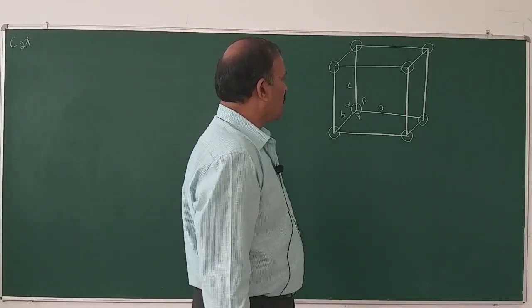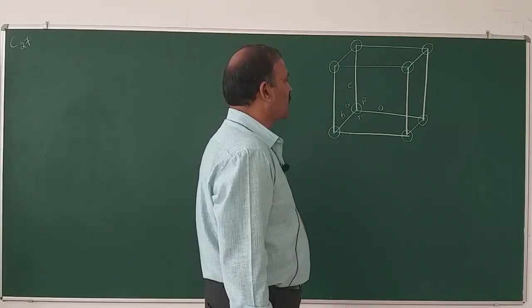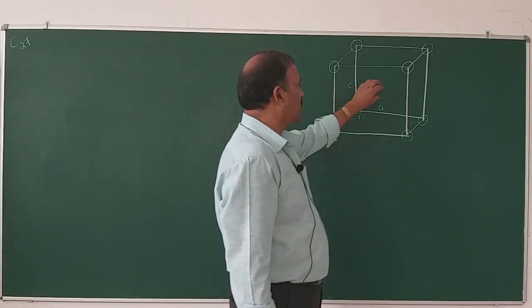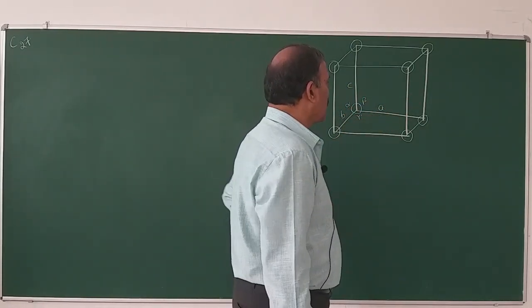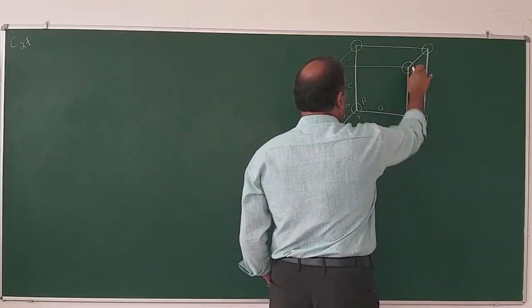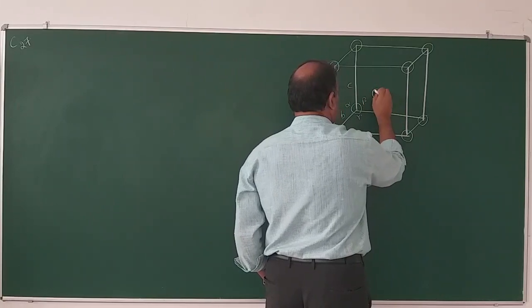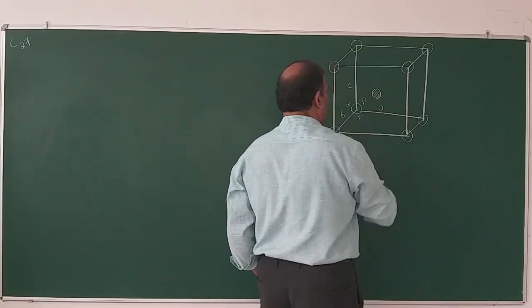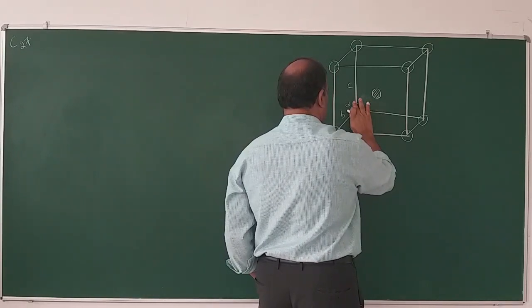Non-primitive unit cells have three types, namely body centered, face centered, and end centered. In body centered unit cell, in addition to the corner particles, a single particle is also present at the center of the body, and it is called body centered unit cell.